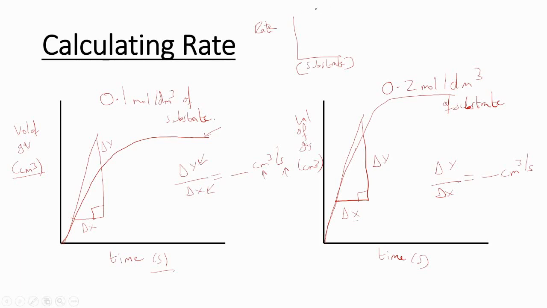Okay, so in some exams it also tells you to draw a tangent to work out the rate at a specific time point. So for example, this is the volume of gas, this is the time.